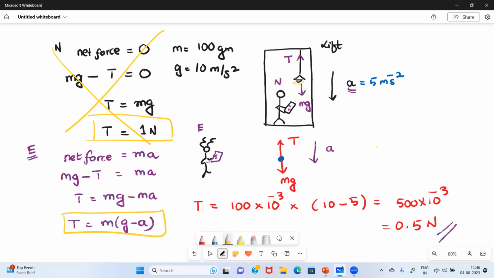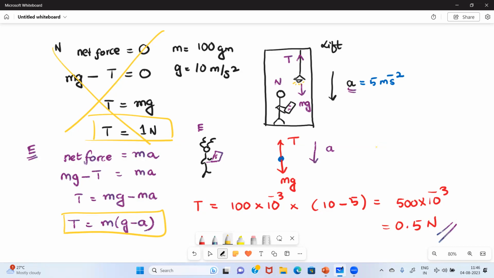Then I have to make a correction. What correction? I have to assume a pseudo force. Then my answer will be correct, because I will be accounting for something. Is that clear? If I write Newton's laws as usual inside a non-inertial frame, it will fail.